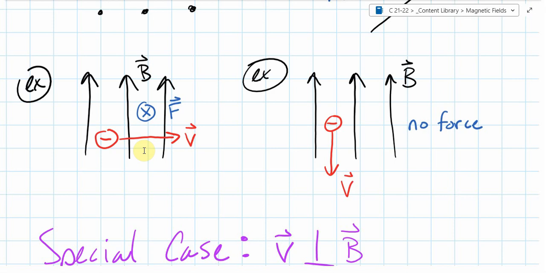The back of my right hand is facing away from me, so the force is away from me. So you've got this X for showing the vector going into the page. And then finally we have magnetic field and velocity parallel or anti-parallel. The cross product will be 0. There's no force here.